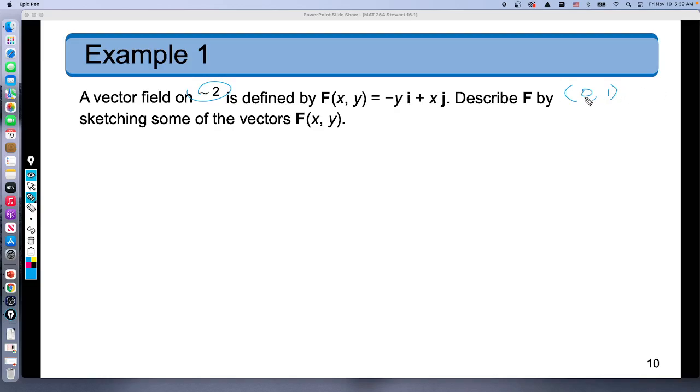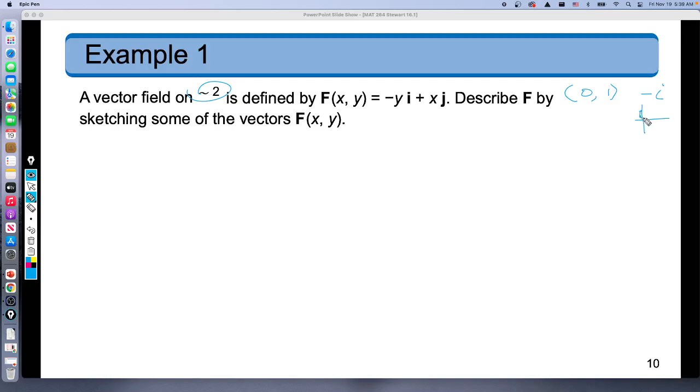That gives me, at the point 0, 1, a vector negative i, right? There's 1, this becomes 0, and so at 0, 1 the vector would be negative 1.